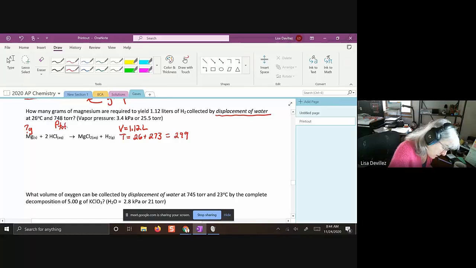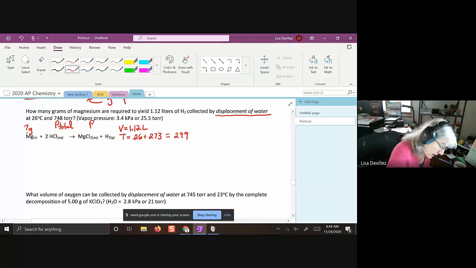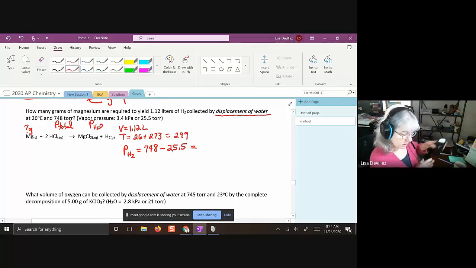Typically, as soon as I read displacement of water, I write next to the pressure that that is the total pressure. And here, where it says vapor pressure, that's the pressure of the water vapor that's present. So the pressure of my hydrogen is going to be 748 minus 25.5 torr.